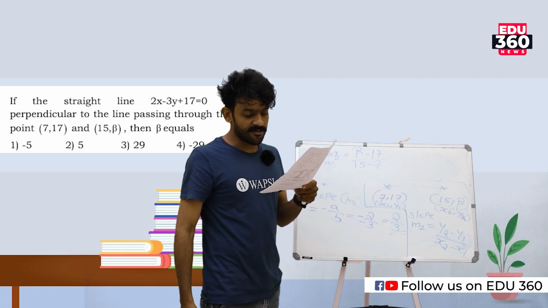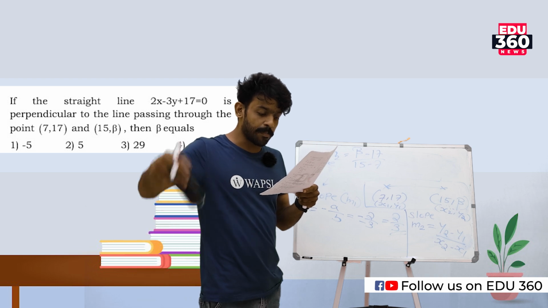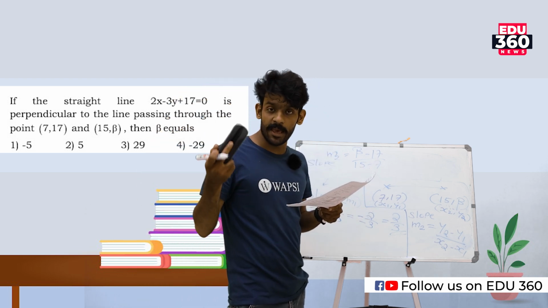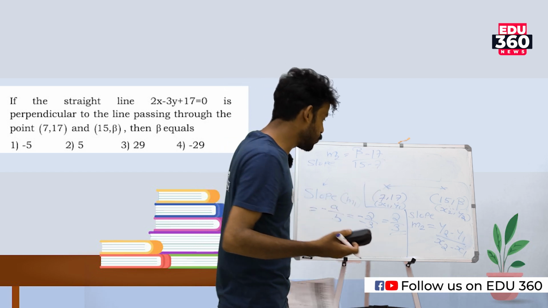And also in the question it's given that the straight line 2x minus 3y plus 17 is equal to 0 is perpendicular to the line. Perpendicular means the product of the slopes m1 into m2 is equal to minus 1.